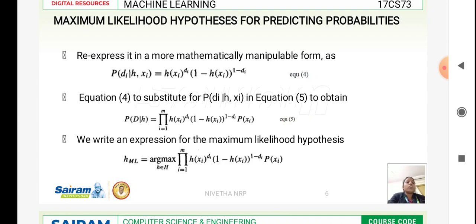So when you write this in the form of maximum likelihood, you derive the maximum likelihood hypothesis. The final expression we derive is argmax of h belonging to capital H of the product of h of xi to the power di, multiplied by 1 minus h of xi to the power 1 minus di, into the probability of xi.